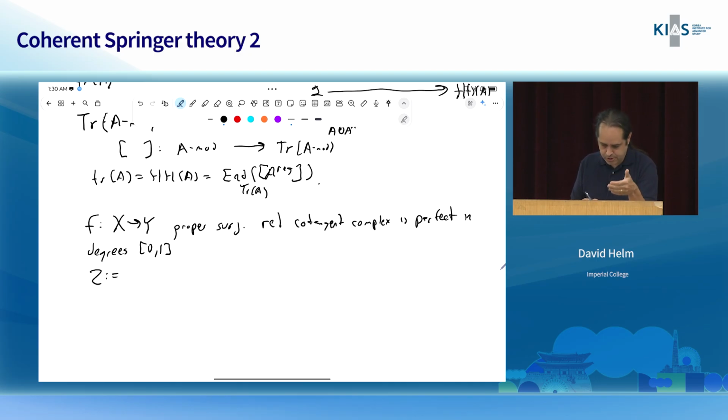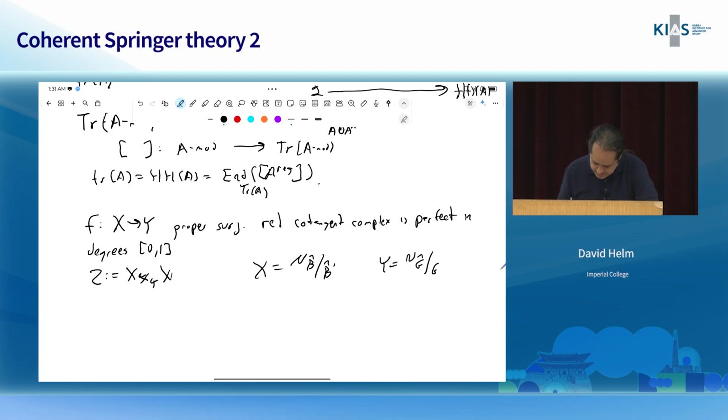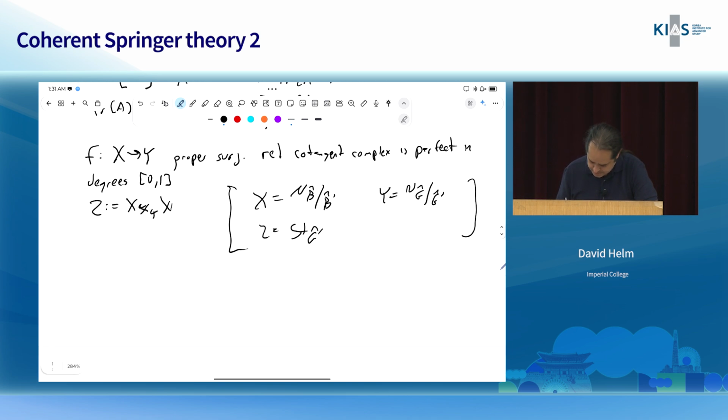Okay, so we have this, and we'll take Z equal to X cross over Y X, and the motivation you should have in mind here is that X is N b hat mod B hat prime, and Y is N g hat mod G hat prime, so that Z is St G hat prime.